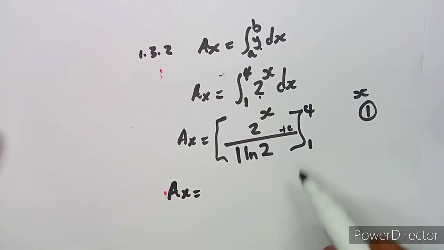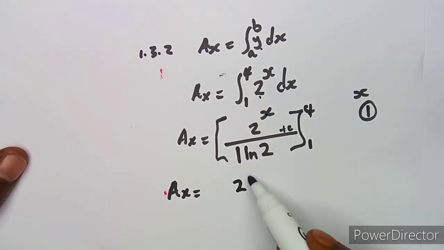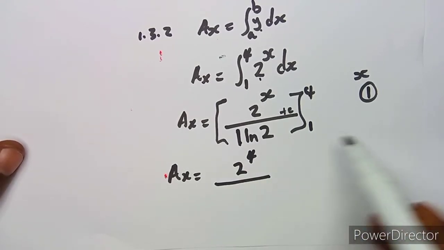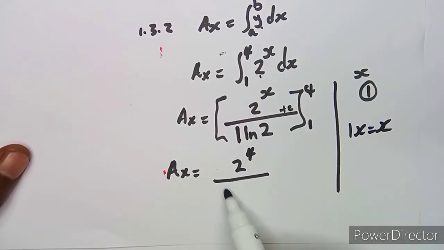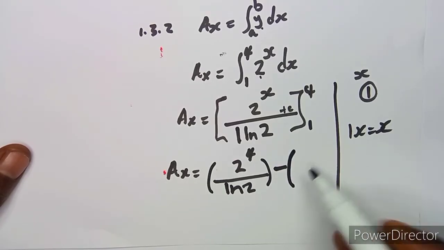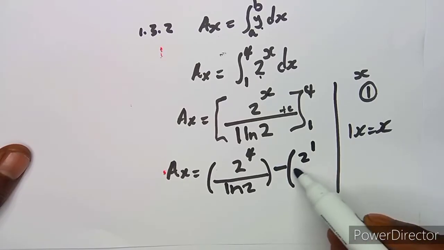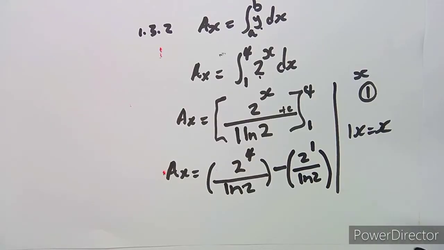So substitute here in place of x, you substitute 4, so it's 2 to the exponent of 4 over 1 ln 2. This one is just the same, guys. 1x is the same as x, so 1 ln 2 is the same as ln 2. All right, minus, so this is your upper value, minus the lower value, which is 1. So you substitute 1 here, which is 2 to the exponent of 1 over ln 2, of which 2 to the exponent of 1 is the same as 2.